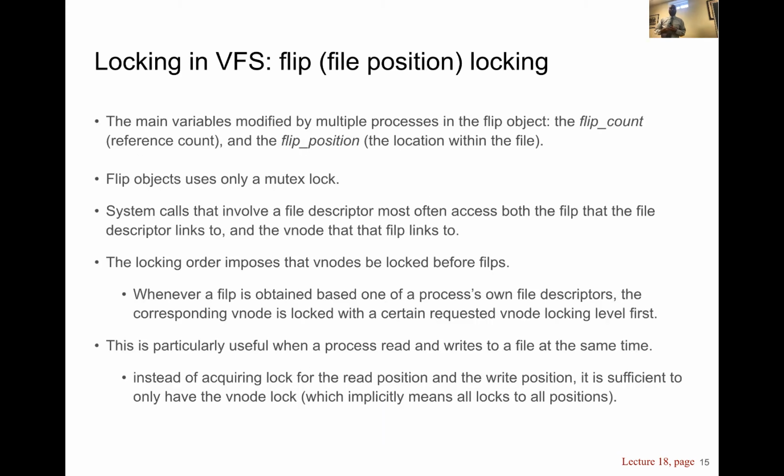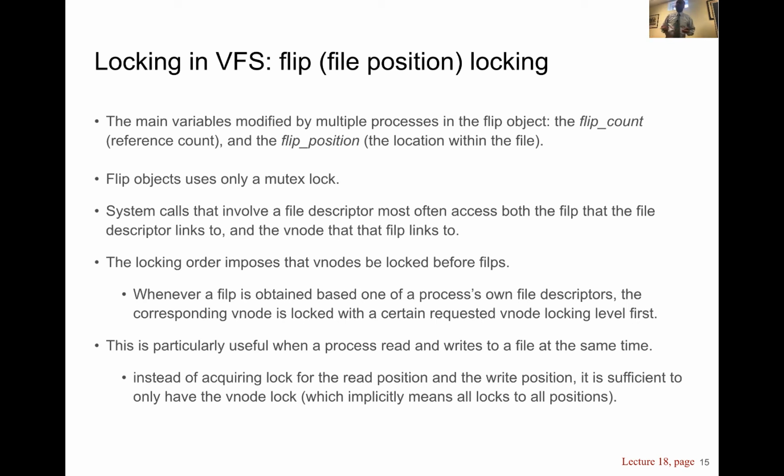Okay. Now, as far as locking the flip object is concerned, this is the table that stores the file offset for each open file. Okay, so there are two variables in here, which is the flip count or the ref count, which says how many processes have opened that file for reading or writing, and for each of that process you have flip position, which is the offset within the file.